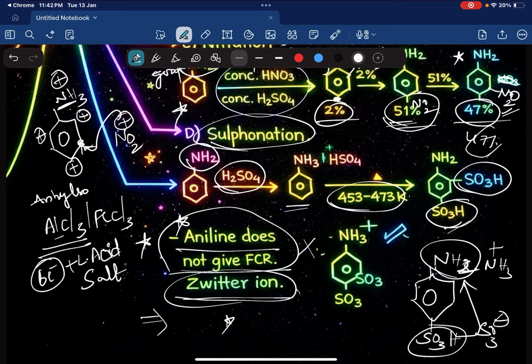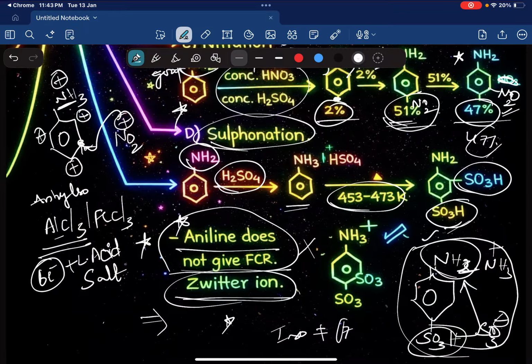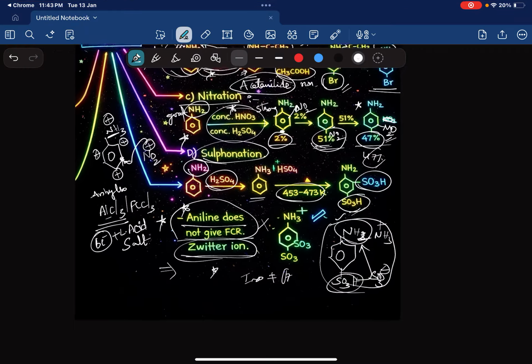That's how the Zwitter ion forms. Zwitter ion means the same molecule has both positive and negative charge. Here the isoelectric pH is not always equal to 7. It depends on the Ka values of NH3 and SO3H. That's how we can conclude this chapter.